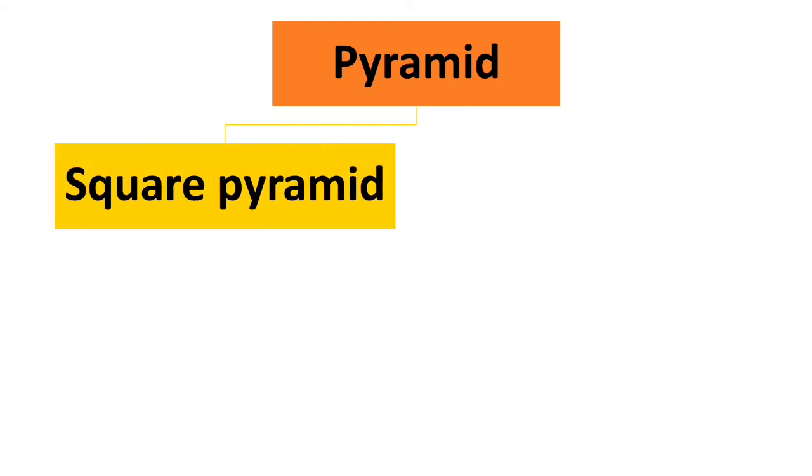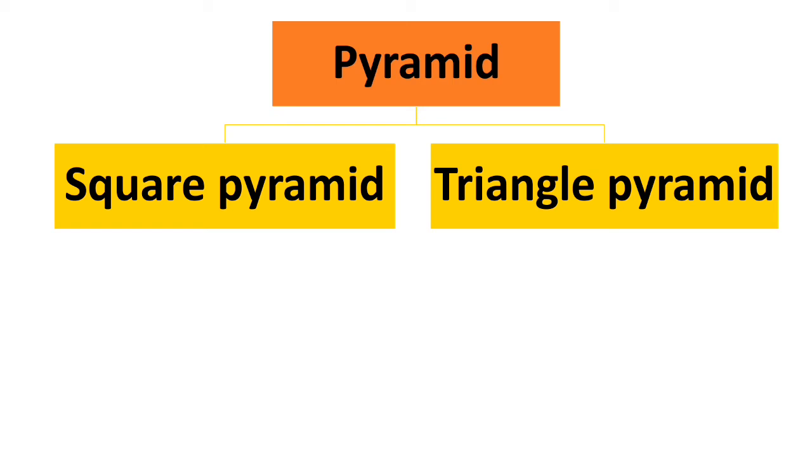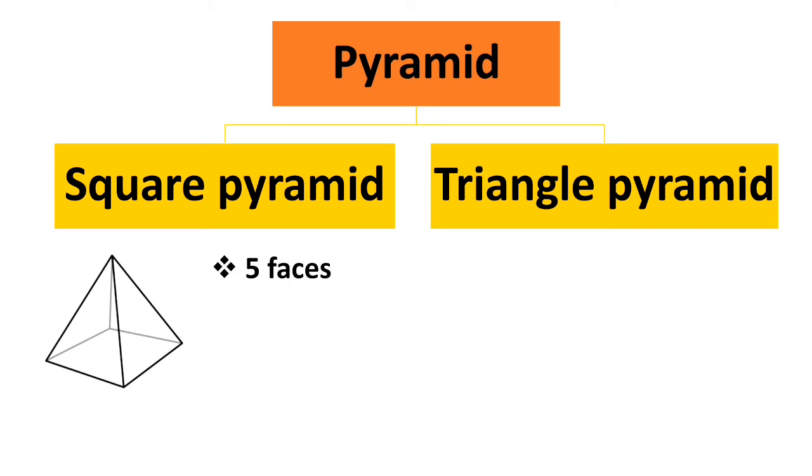Pyramids are of 2 types. One is the square pyramid, another is the triangle pyramid. In the square pyramid, the bottom will be in the square shape. In the square pyramid, how many faces are there? Square means 4 faces will be up, 1 is down. Total 5 faces are there.